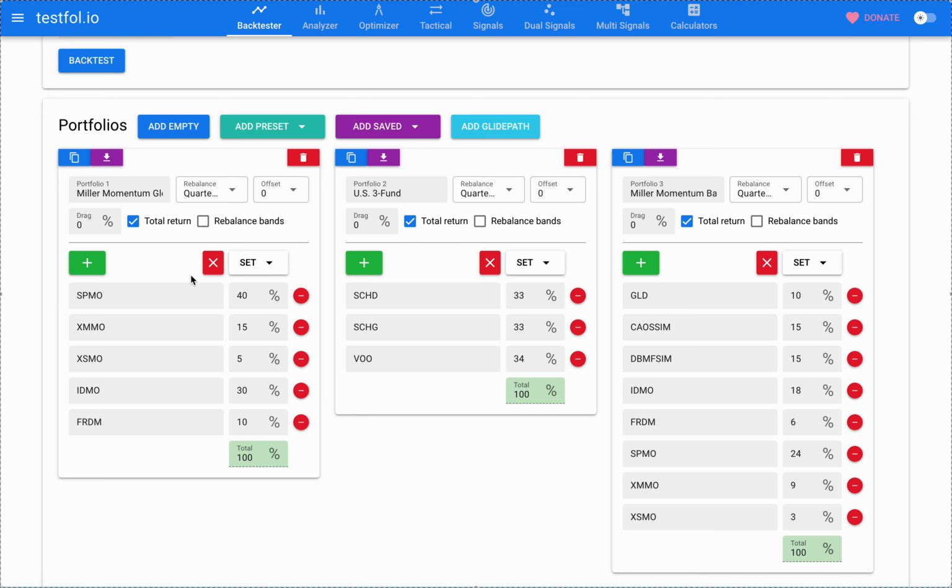So this is the same relative weighting of the different sectors of the global equity market with a momentum approach layered on top of each of those indices.